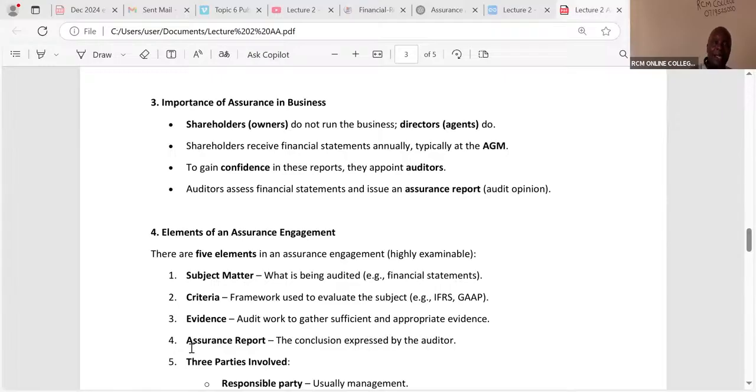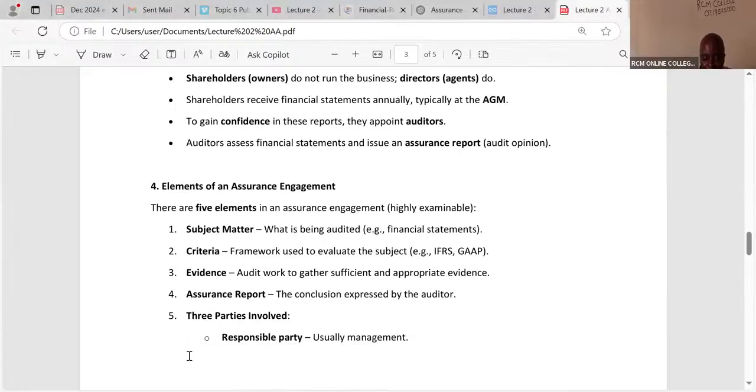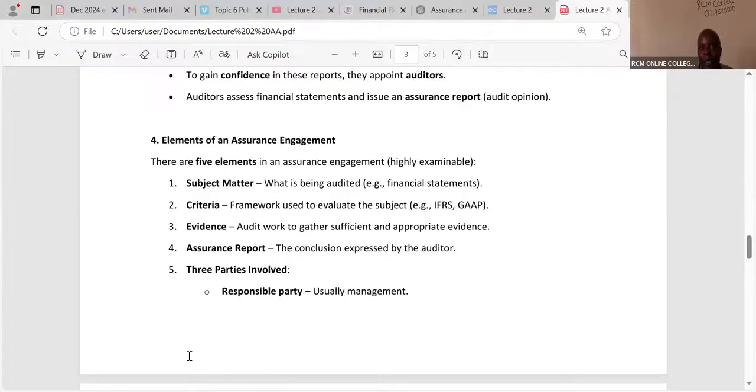And then lastly, we have the concept of tripartite. Three parties must always be involved. Number 1, we have the party that is responsible for making these financial statements, the directors, or what we are calling the management.